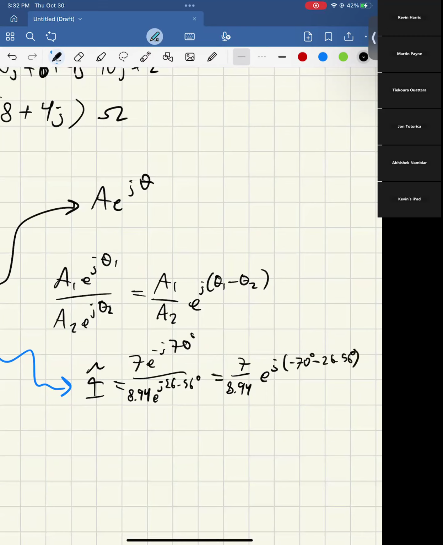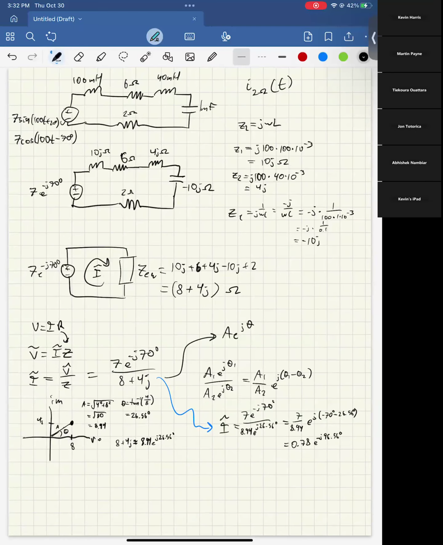If you look, these are going to add because they're both negative. So we end up getting 0.78 e to the negative j 96.56 degrees as our current. This current here is the same as the current here, so this is the current flowing through our 2 ohm resistor.